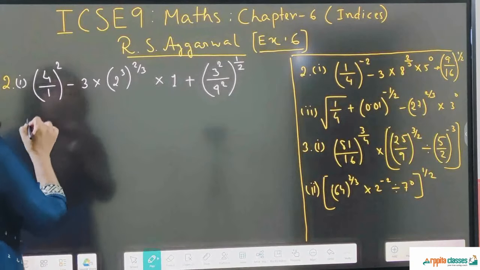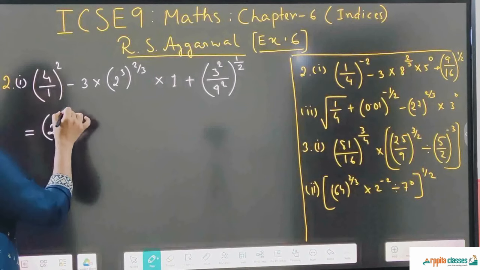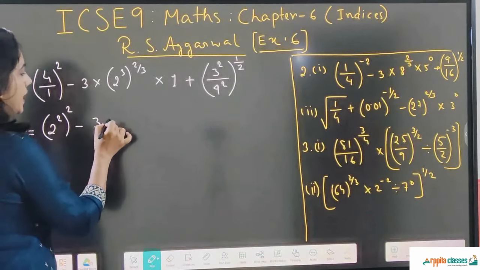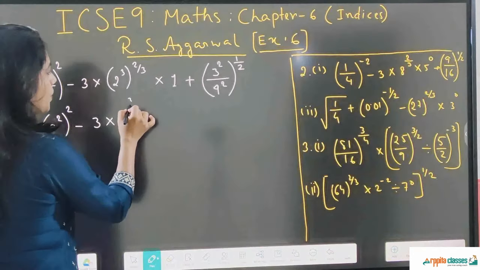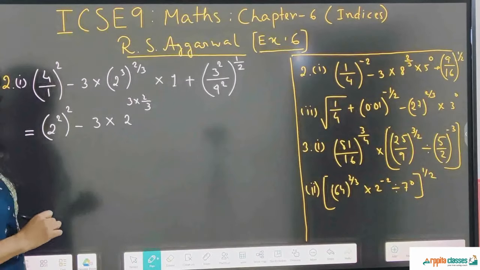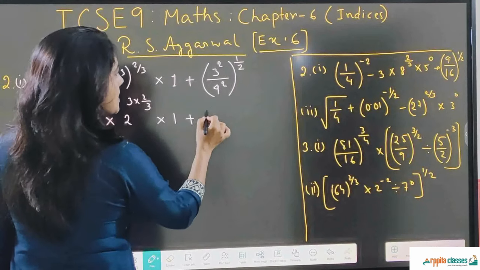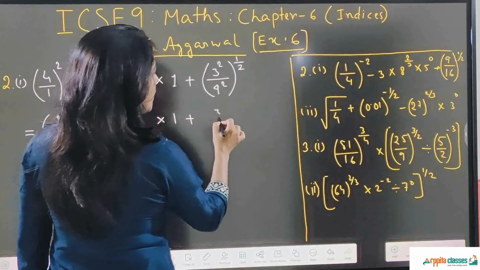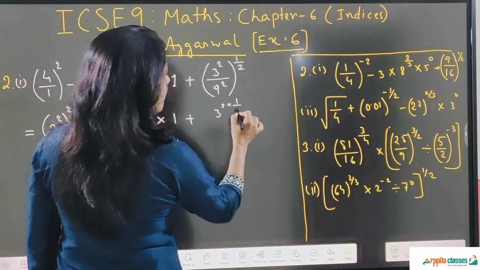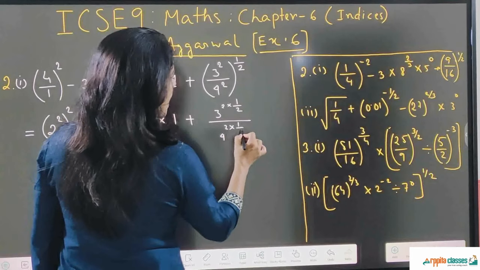Now 4 can be written as 2 square, that whole to the power 2, minus 3 into 2 to the power 3 into 2 by 3. (a to the power m) whole to the power n is a to the power mn. Into 1 plus 3 to the power 2 into half divided by 4 to the power 2 into half.